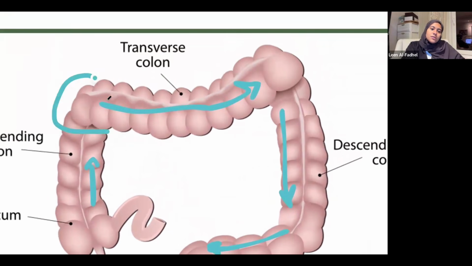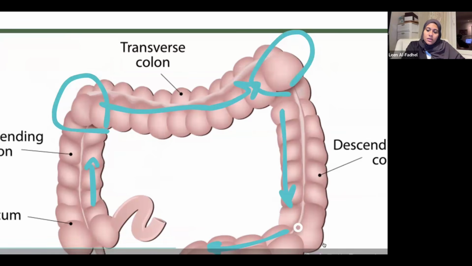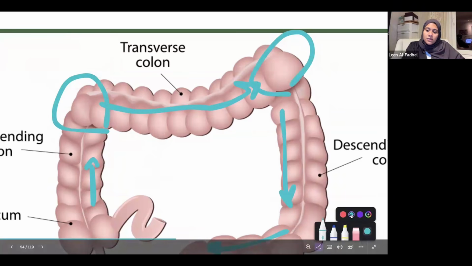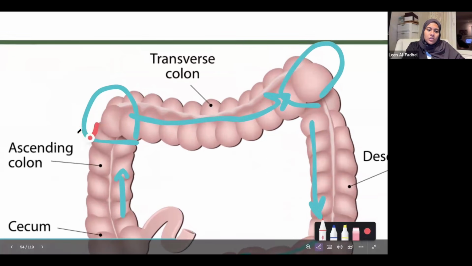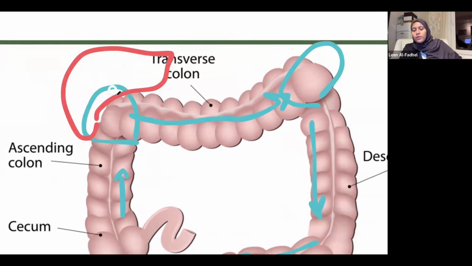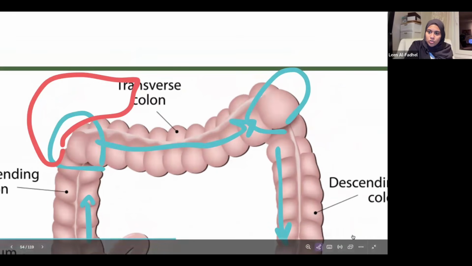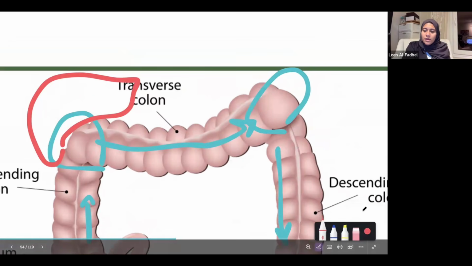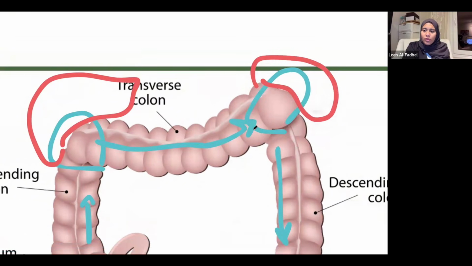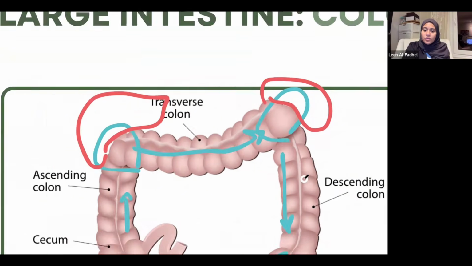Now, there are some flexures over here. This flexure we call the right hepatic flexure or the right colic flexure. Hepatic in relation to the liver, which is found over here, so the flexure is inferior to it. And colic because it's in relation to the colon. On the left side you have the spleen, so we call it the left splenic flexure or the left colic flexure.